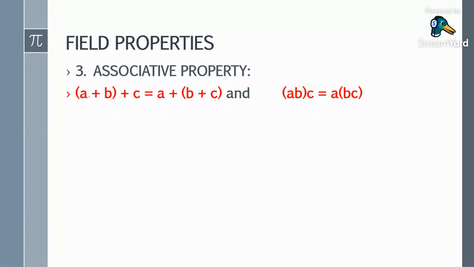The quantity of A plus B, plus C is equal to A plus the quantity of B plus C. That is for addition. And for multiplication, the quantity of A times B, times C is equal to A times the quantity of B times C.